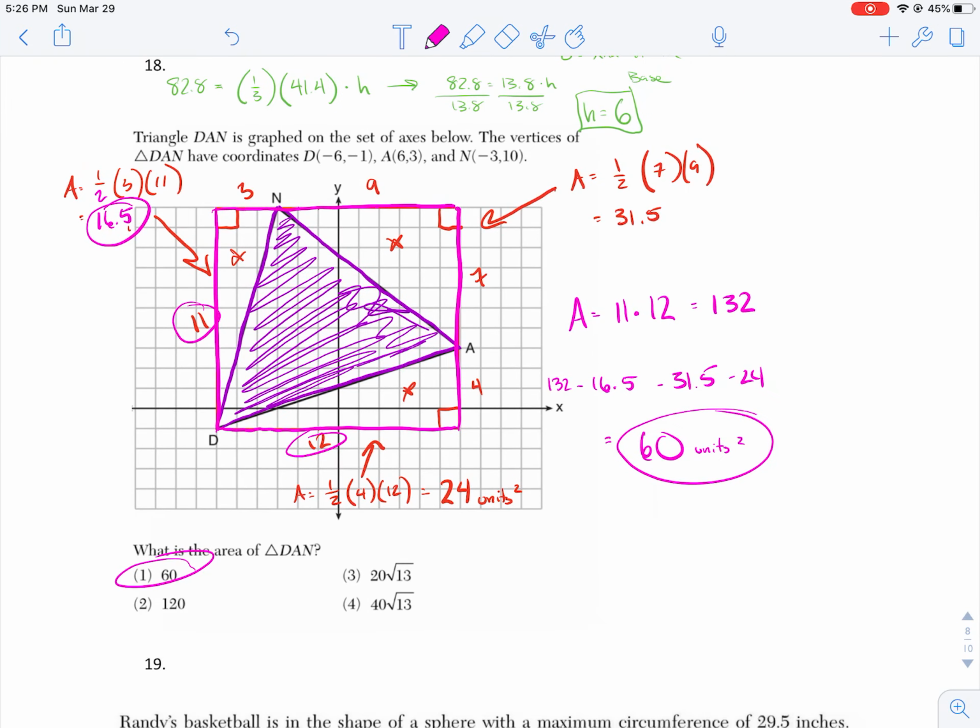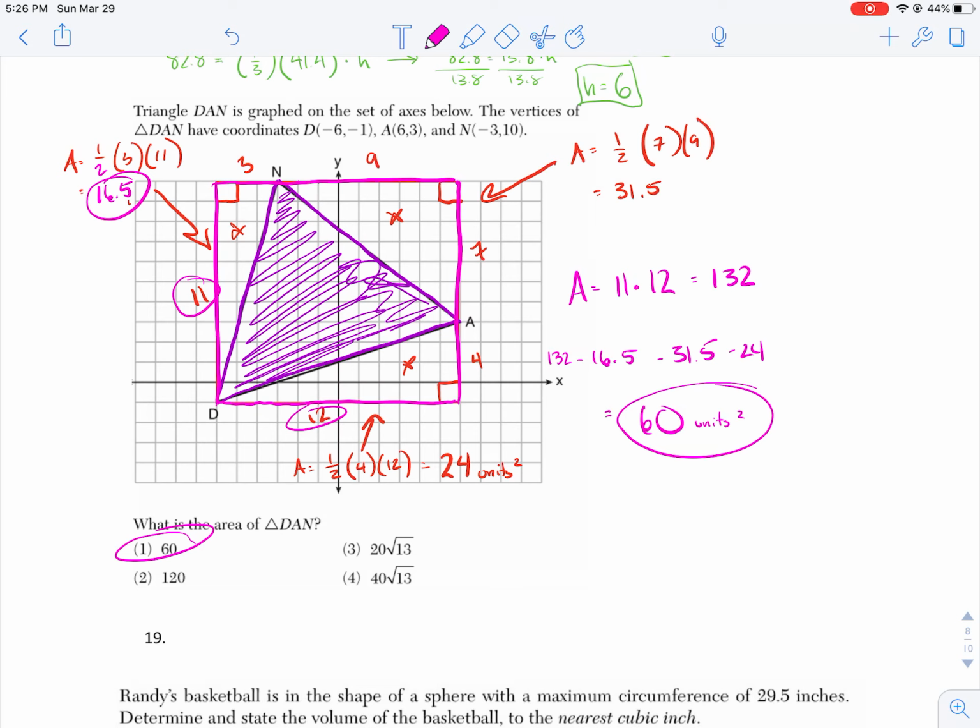All right, so anytime you see a problem like this, in order to find the area of a triangle, you got to have its height. And unfortunately, in this triangle, because it's not a right triangle, we had to kind of think outside the box. In this case, we enclosed it in a box, and by doing so, it allowed us to find these three areas.